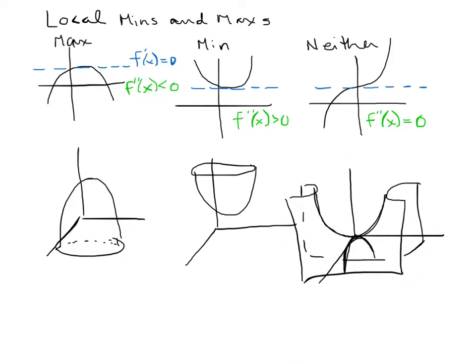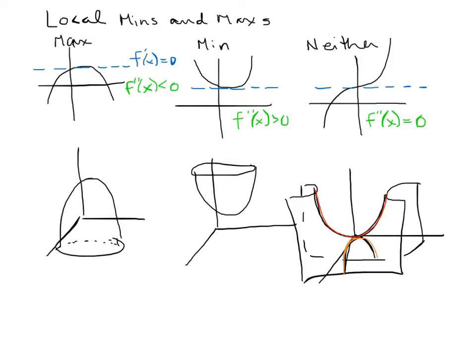And notice that there are 2 parabolas on there. This parabola here is where we would have a min, but there is another parabola here, and along this parabola it's a max. So it's neither a min or a max. It's kind of that similar situation as an inflection point, but in 3 dimensions.